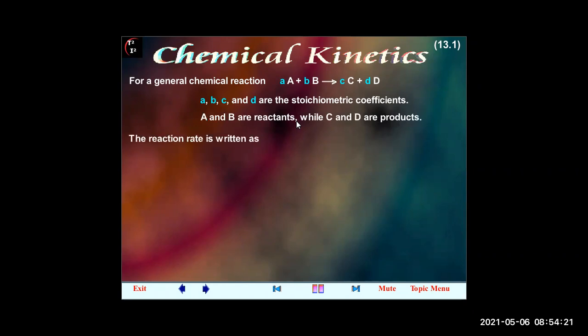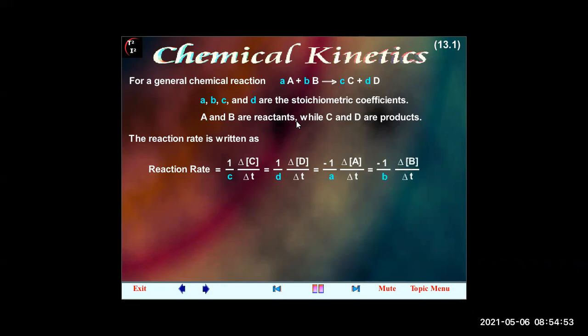The reaction rate is written as: reaction rate equals 1 divided by c times the change in concentration of C divided by delta t, equals 1 divided by d times the change in concentration of D divided by delta t, equals negative 1 over a times the change in concentration of A divided by delta t, equals negative 1 over b times the change in concentration of B divided by delta t.